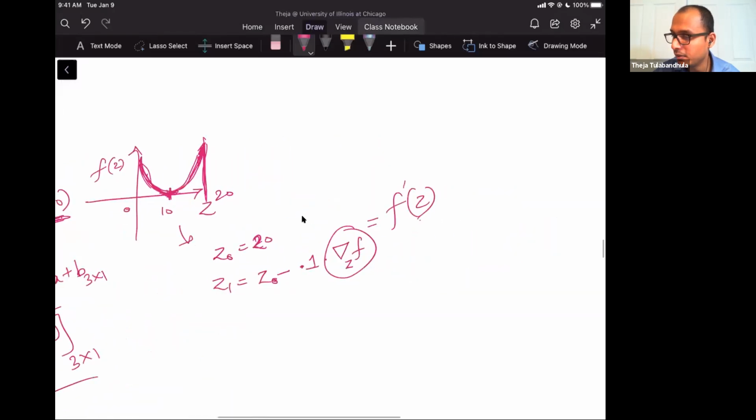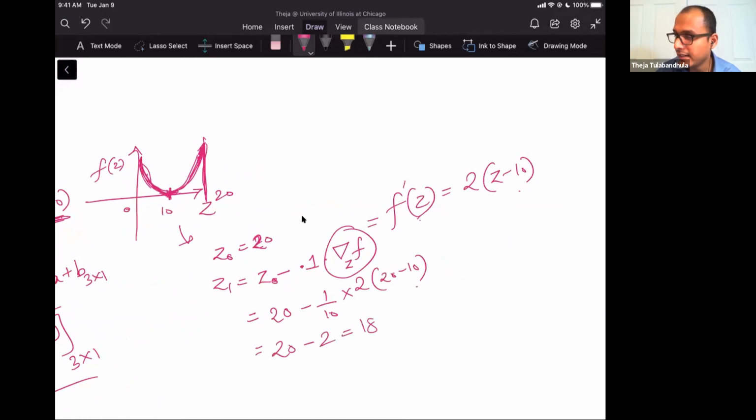It's equal to 2 times Z minus 10. So Z1 is equal to Z naught, which is 20, minus 1 by 10, that's 0.1, times 2 times 20 minus 10. So Z1 is equal to 20 minus 2, which is 18.